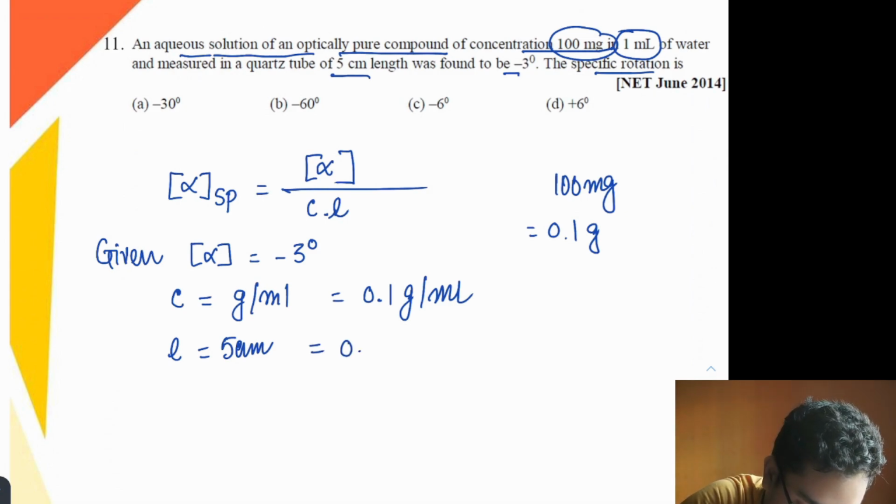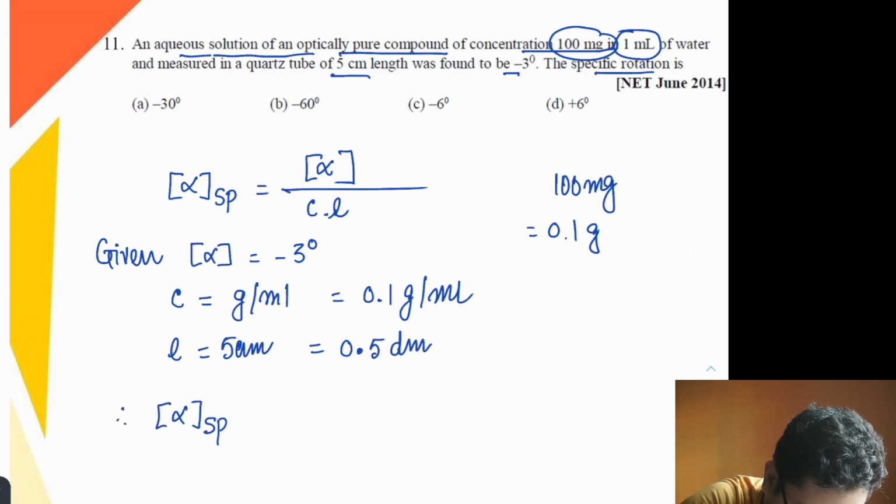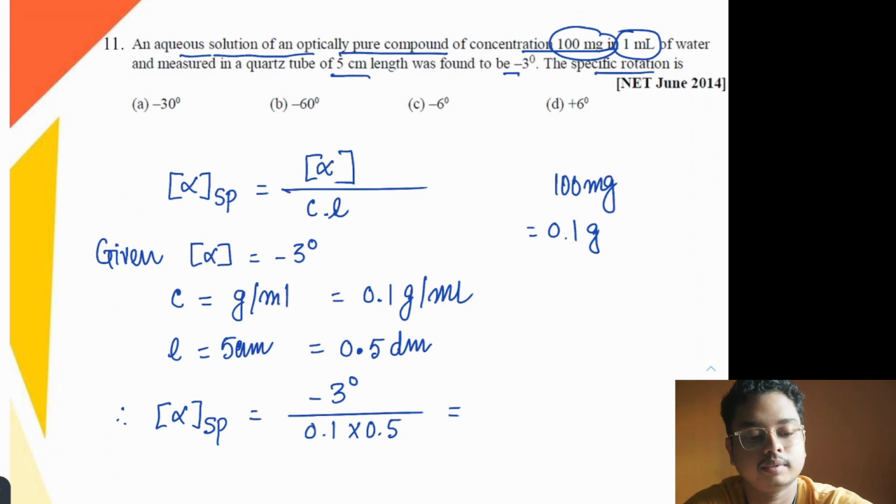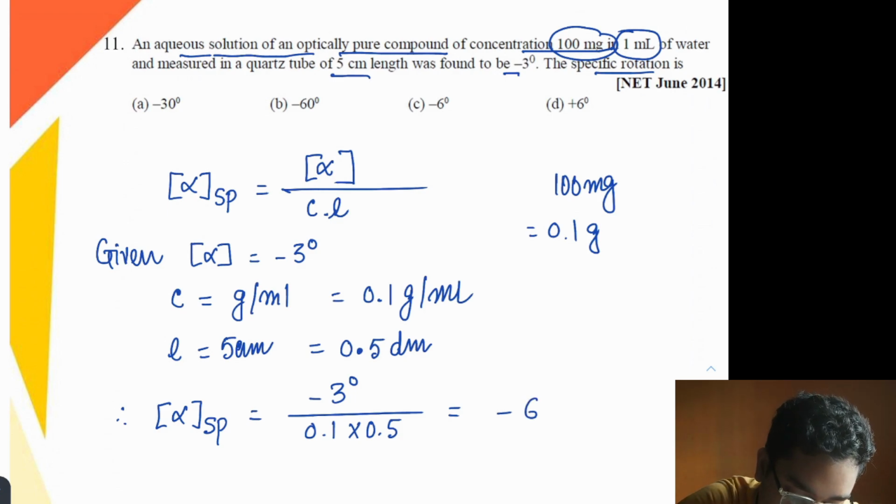So this will be 0.5 dm. Hence we are determining the alpha sp. So let's determine. So it will be -60 degree.